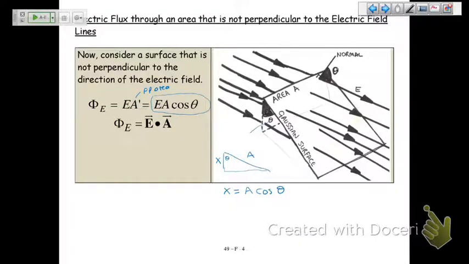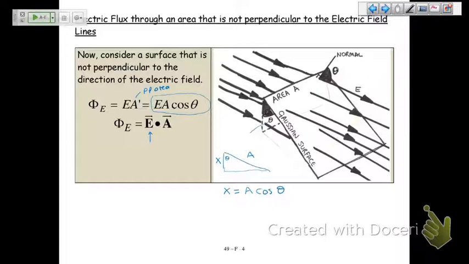But that dot product links two vectors. Well, E is already a vector, so I'm happy about that, but the area is not. So the mathematicians in us say, let's make it a vector. Let's just make a vector up. What's this vector?